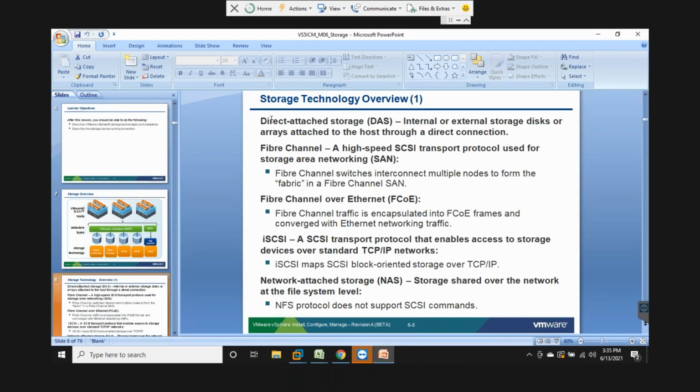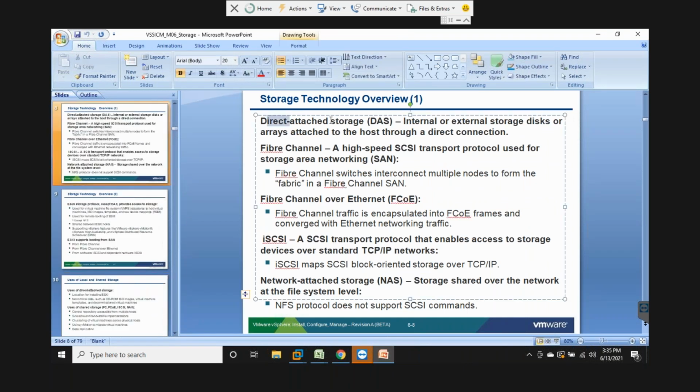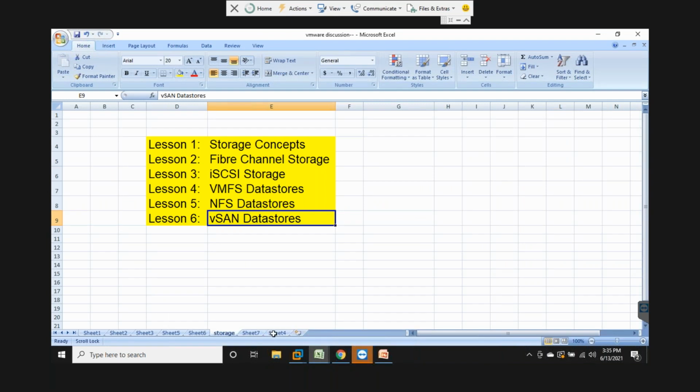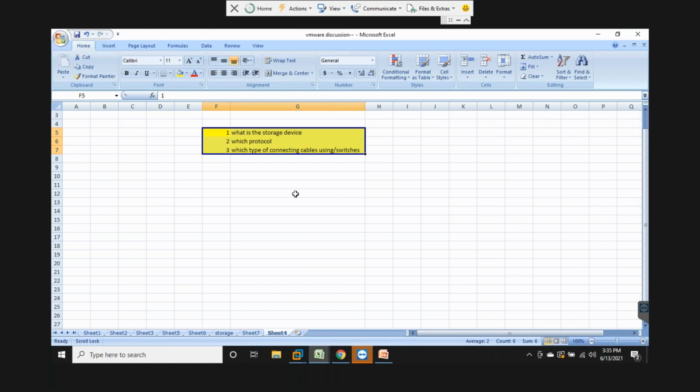So keep in mind these three points based on which we are dividing the entire storage concept. Let's see what is DAS. This is direct attached storage. Internal or external storage disks are attached to the host. If you have one physical server on which you have installed an ESXi host, next to it you have some local storage devices, and you have directly connected them.